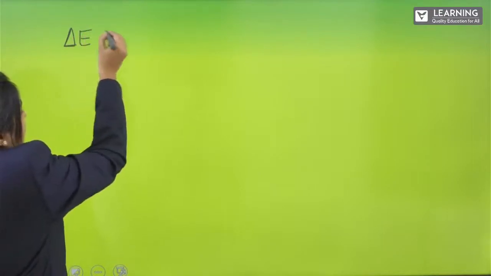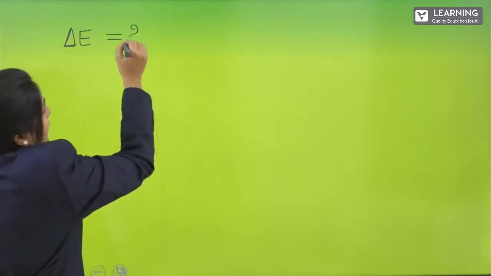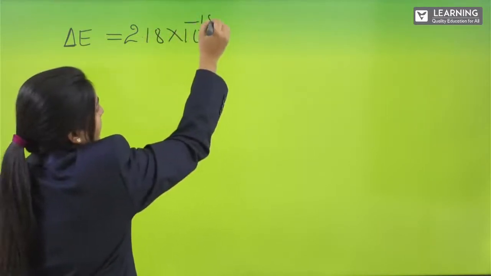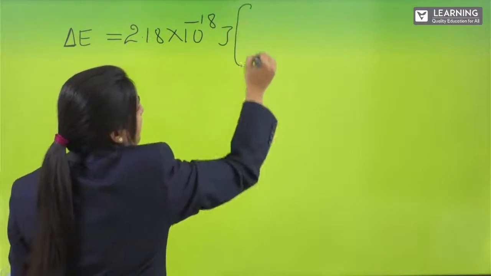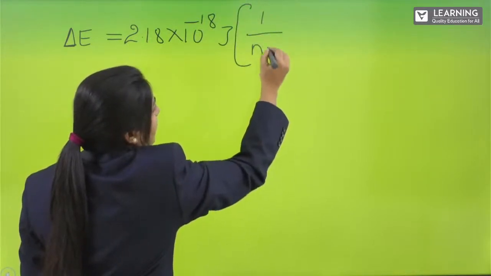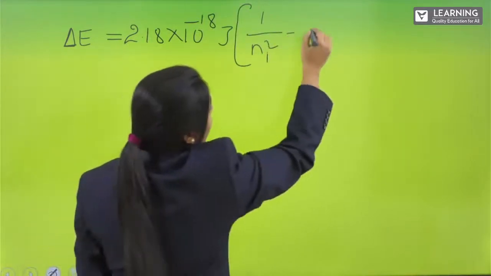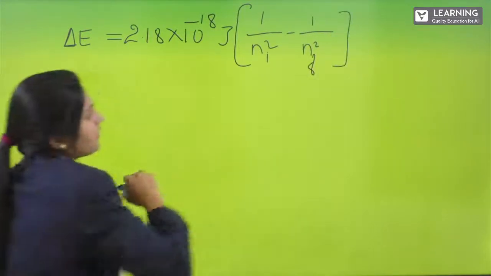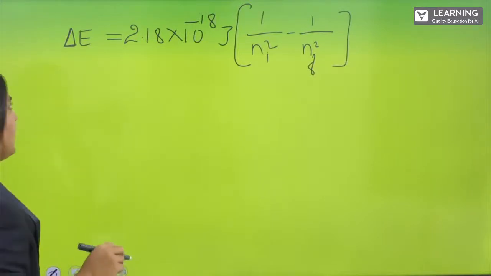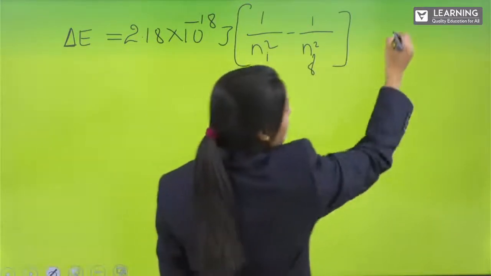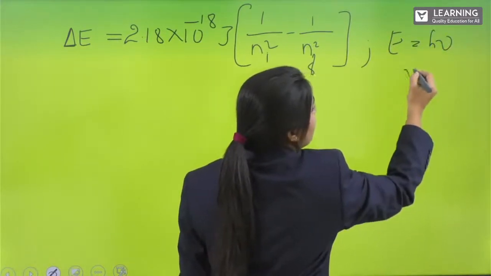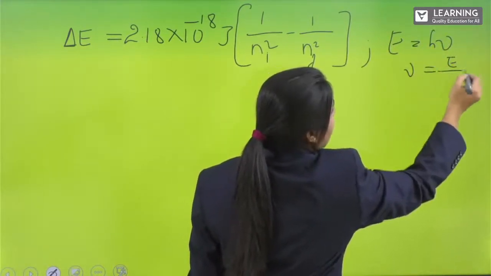As I said, delta E is equal to 2.18 into 10 raised to minus 18 joules into 1 by Ni square minus 1 by Nf square. Right? So now, E is equal to h mu. So mu is equal to E by h.